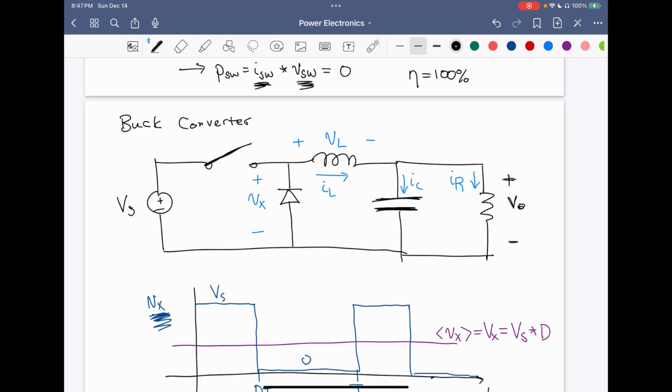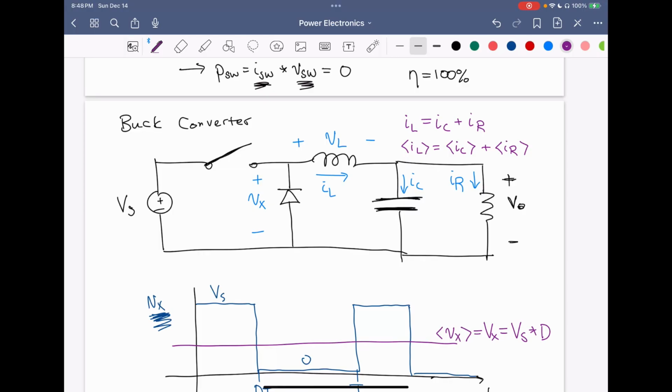This means that IL equals IC plus IR. If we take the average of both sides, we get the average inductor current equals the average capacitor current plus the average load resistor current.